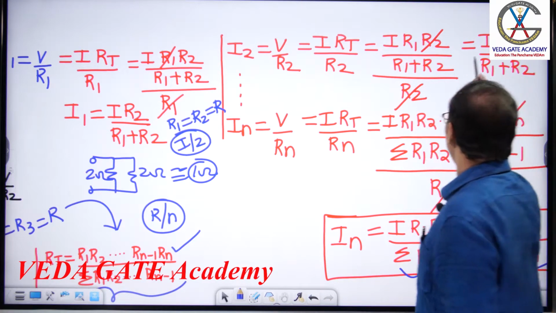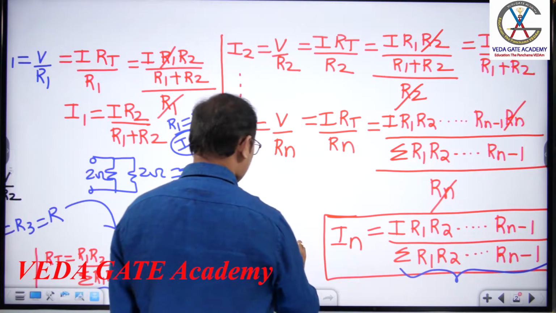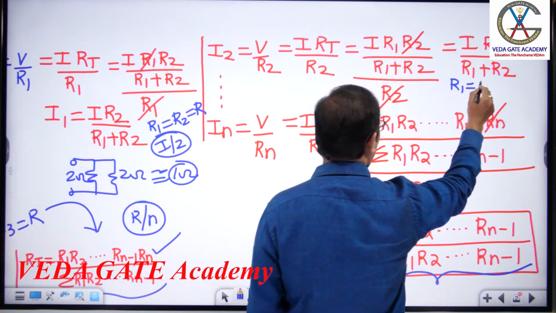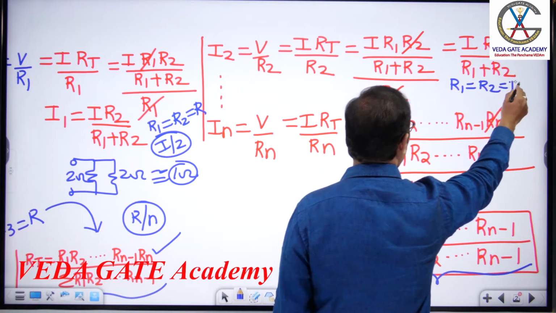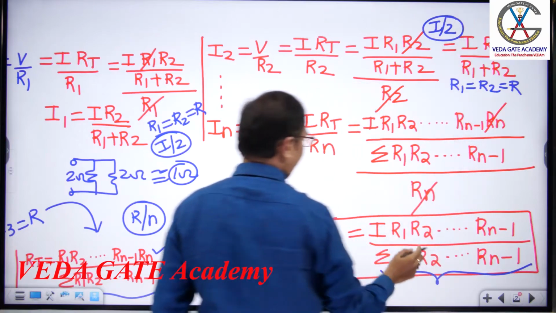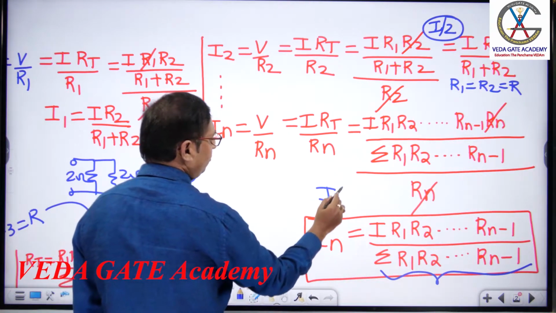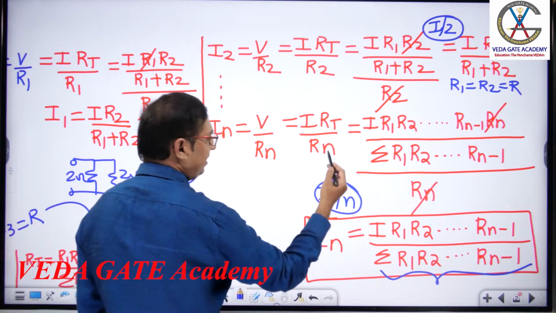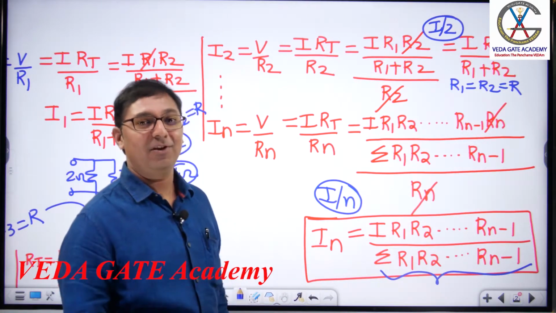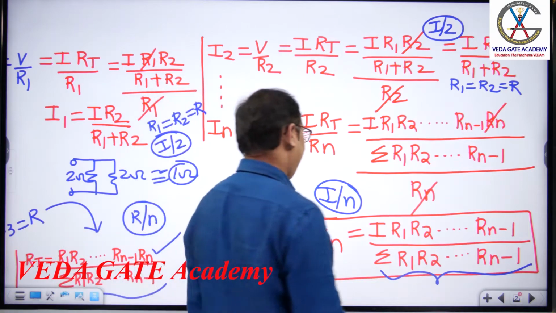Hope it's visible to you, this expression. Even here, if R1 equals R2 equals R, what is the value of current here? I by 2. Whereas in this case, the value is I by n. If resistors are equal, current will be equally divided.